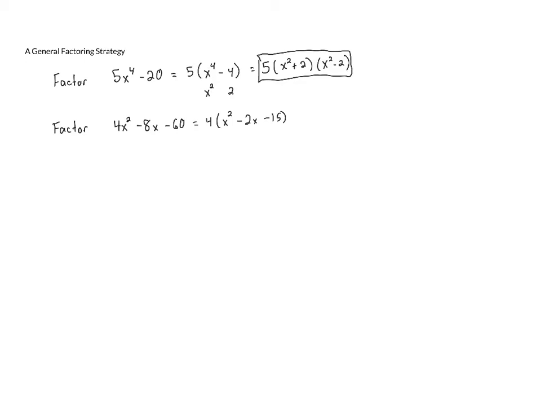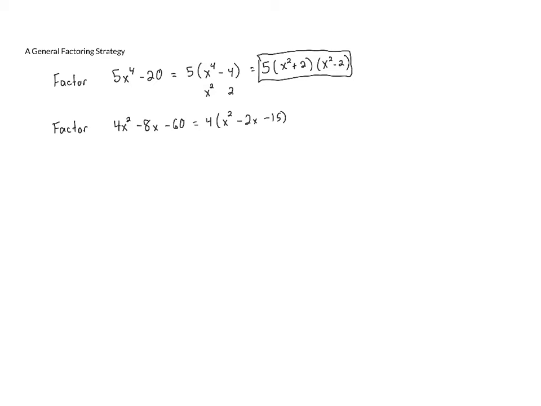After we've pulled out the GCF, the next step is to look at how many terms we have in the leftovers and use that to choose a factoring method. Now, there are 3 terms here. We have a trinomial, and there's a couple of possibilities we had for trinomials: unfoiling and the AC method.